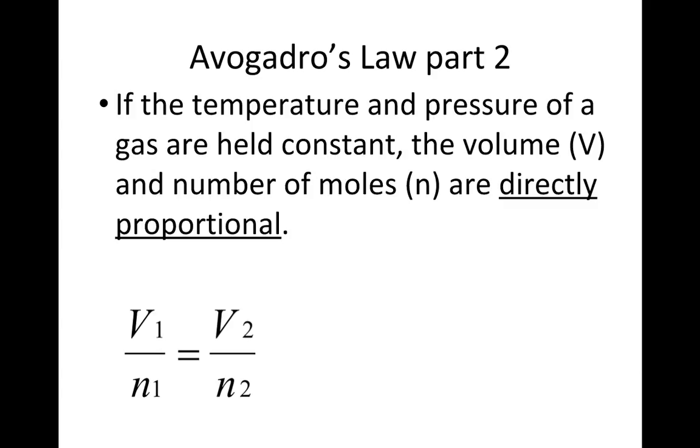So the question is, what does directly proportional mean? Well, it means that if I increase the number of moles that I have, they're going to take up a bigger volume. So if I shoot moles into my container, it's going to have a bigger volume. If I decrease them, then it's going to have a decreased volume. If I took some out, it would be a decreased volume.